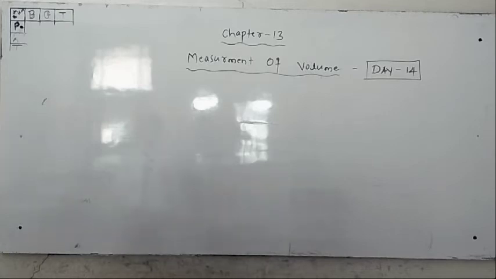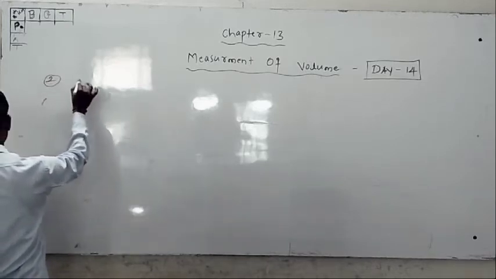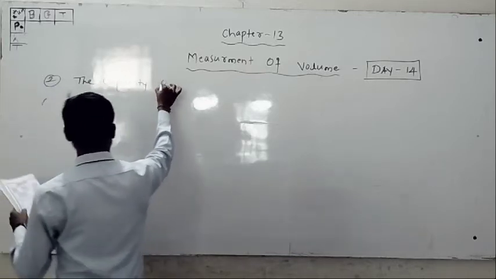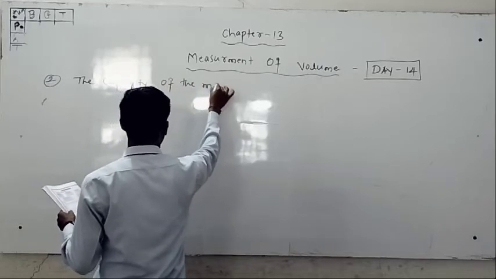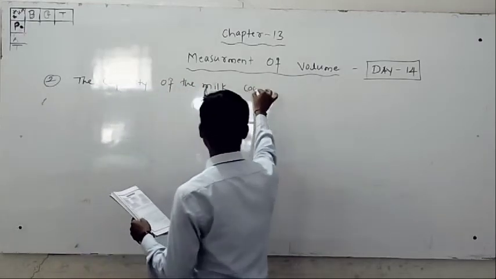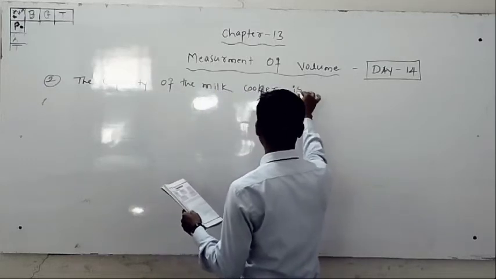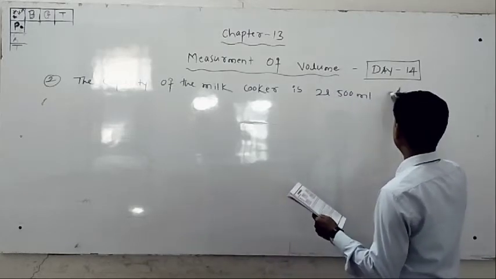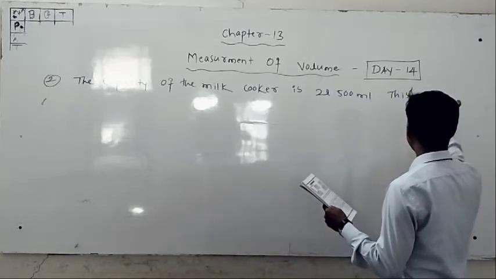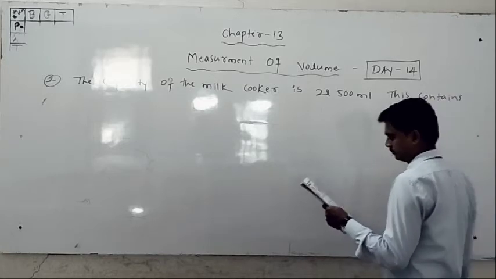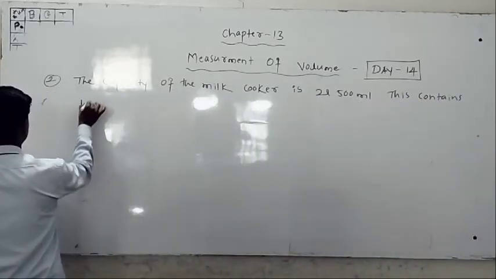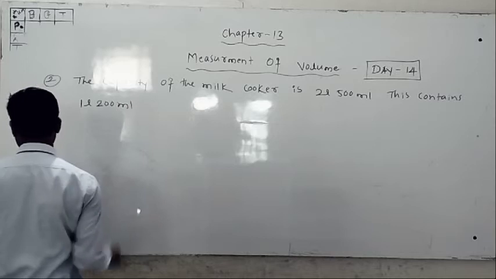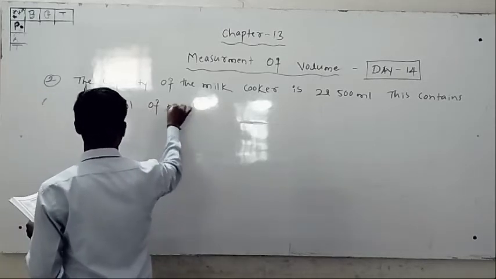Okay. Second one. The capacity of the milk cooker is 2 liter 500 ml. This contains 1 liter 200 ml of milk.